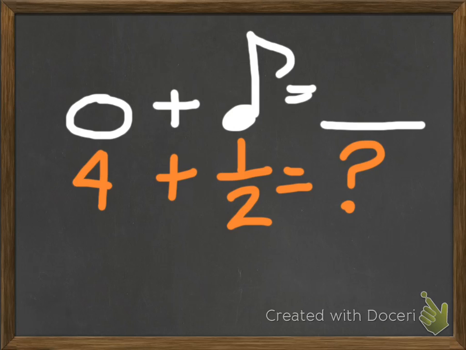Remember in math, when you add a whole number and a fraction, you will place the whole number over 1 to make it a fraction. Now we have to find a common denominator, which are the bottom numbers. The common denominator between 1 and 2 is 2.